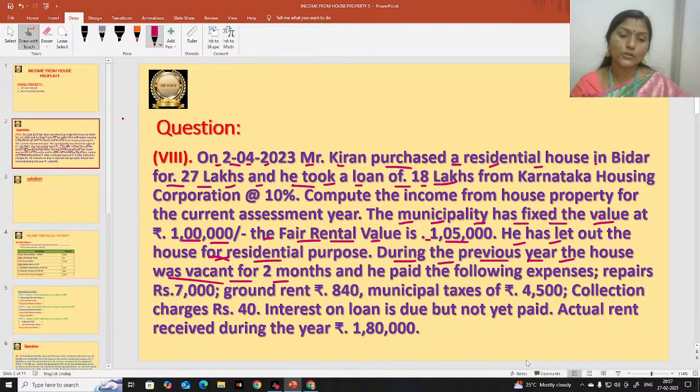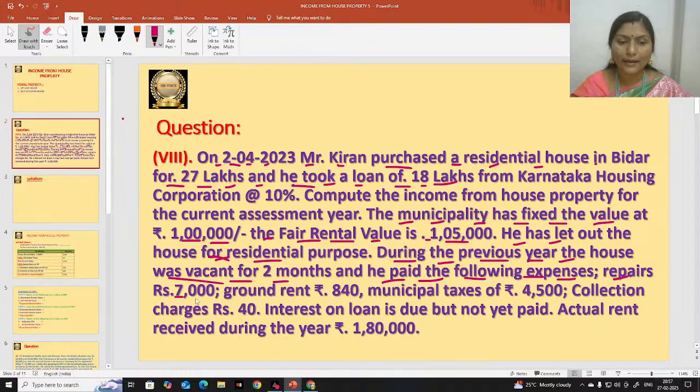Whenever the house is vacant for any months, that should be focused on while calculating gross annual value, in the third step. And the assessee is paying some expenses, but we are not bothered about all expenses. We are going to take into consideration only two, that is municipal taxes as well as interest on loan. Okay, so here repairs are there.